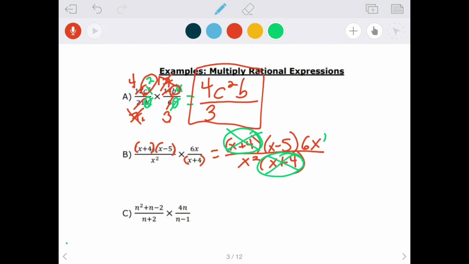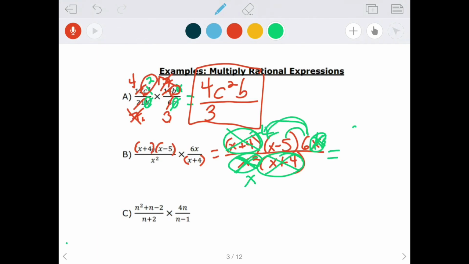And then you have 1x on top and an x squared on bottom. So the x on the top can cancel out, and this x squared now reduces to just 1x. So once you reduce, you are going to have 6, and I'm going to bring this 6 to the front, but we can go ahead and distribute that.